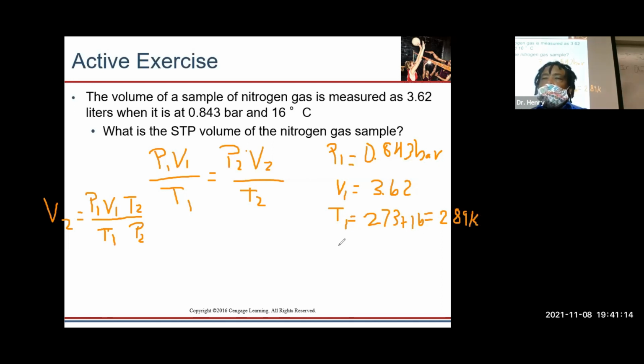Okay, so what was STP? 0 degrees Celsius is going to be T2. So that's going to be 273 Kelvin.